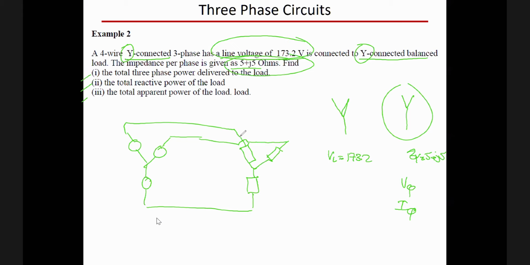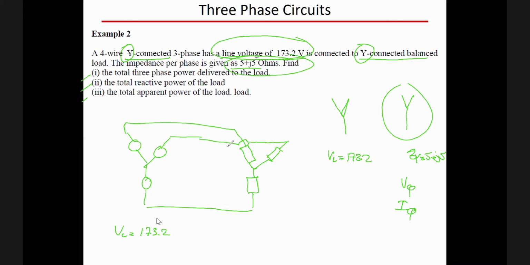So what's the voltage line to line here? Well, the voltage line to line is given as 173.2. Do we have any impedance in the transmission line? No, we don't have any impedance in the transmission line. What does that mean to us?